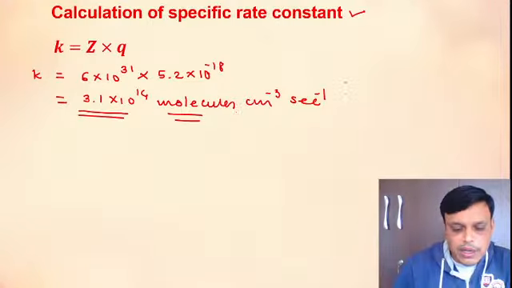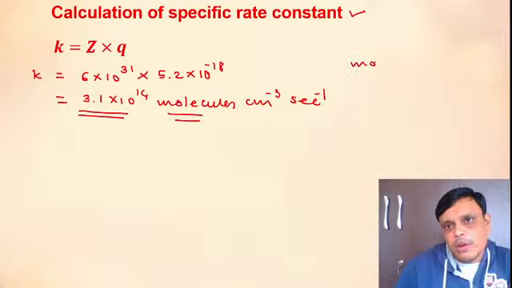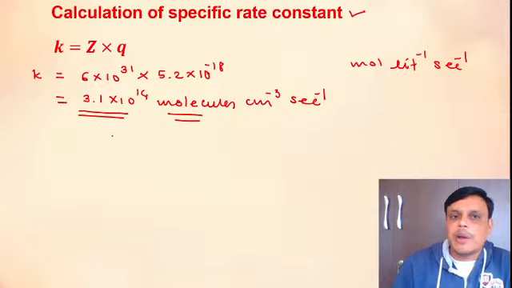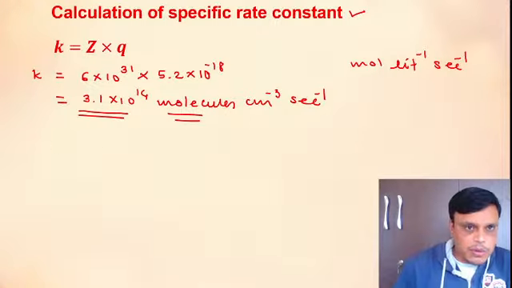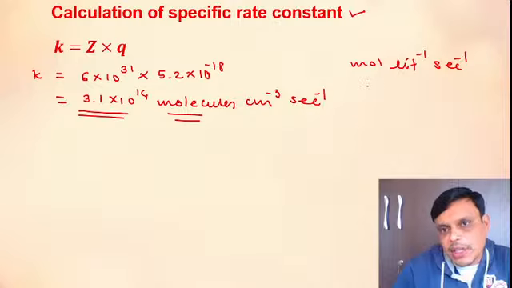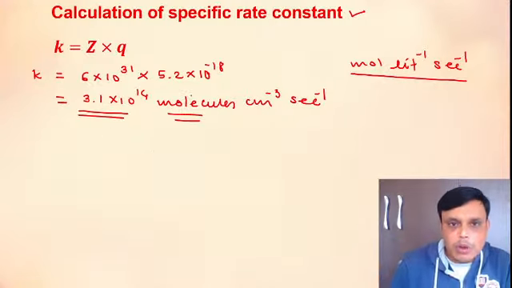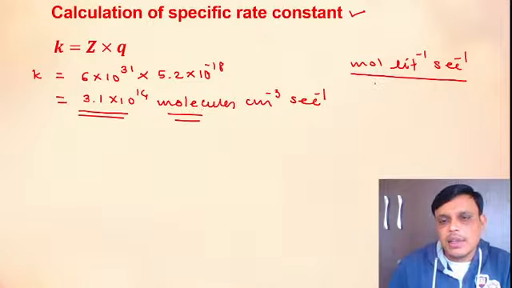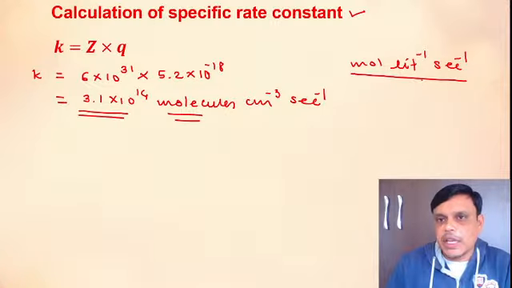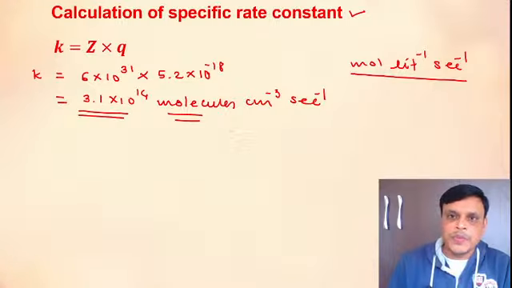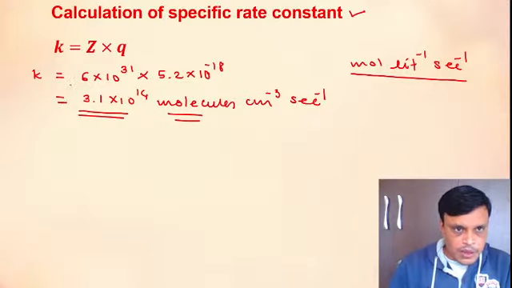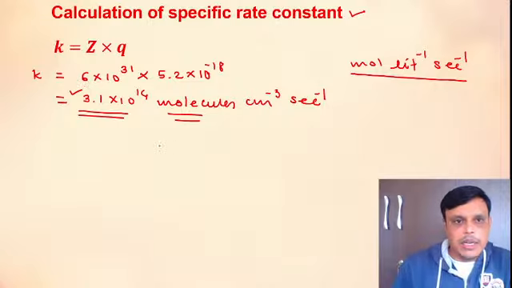And if you want to convert this into mole per liter per second, then what you have to do is divide this value by Avogadro's number and multiply by 1000. So we'll calculate the values in this unit, mole per liter per second. We will calculate in this. This is in molecules. Generally you have to ask in moles per liter per second. So to convert molecules into moles per liter per second, you have to divide this value by Avogadro's number and multiply it by 1000.